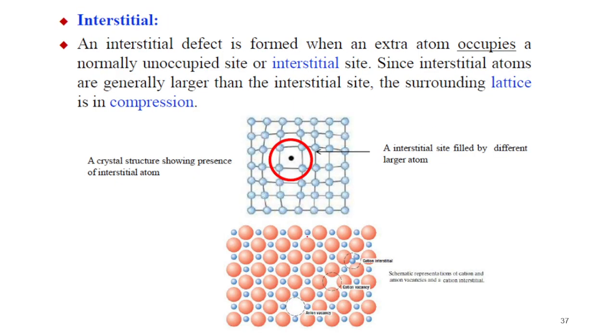Next, you have interstitial defects. An interstitial defect is formed when an extra atom occupies a normally unoccupied site, or interstitial site.